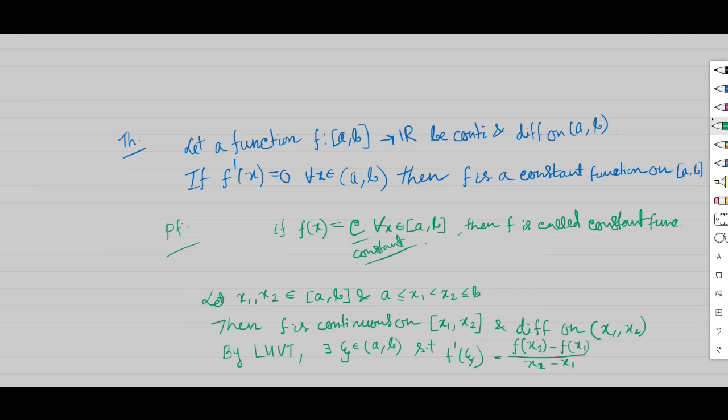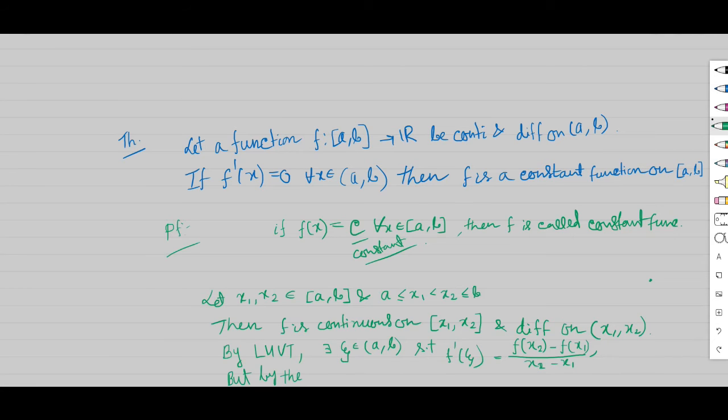But by the hypothesis, which is already given to you to prove the theorem.